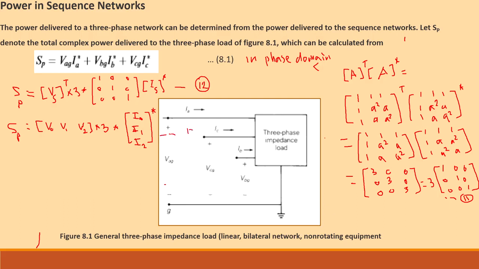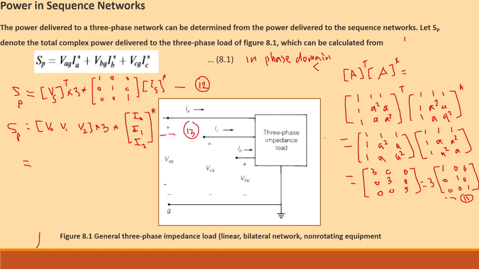Equation number 13. We see that the sequence voltages of phase A are the zero sequence voltage, the positive sequence voltage, and the negative sequence voltage. And here we have the zero sequence current, the positive sequence current and the negative sequence current.